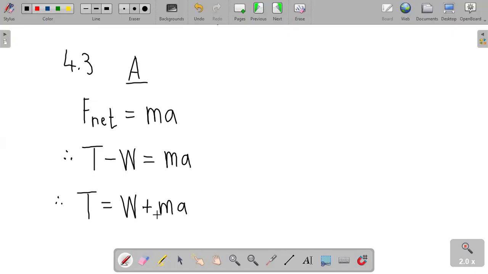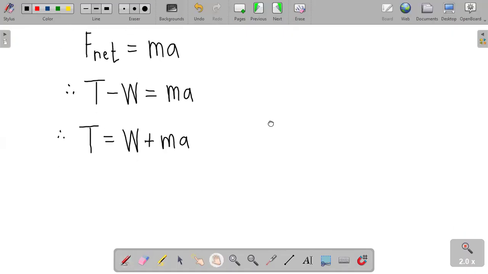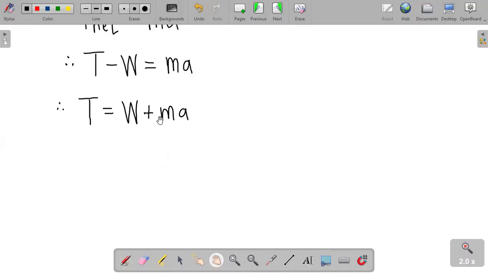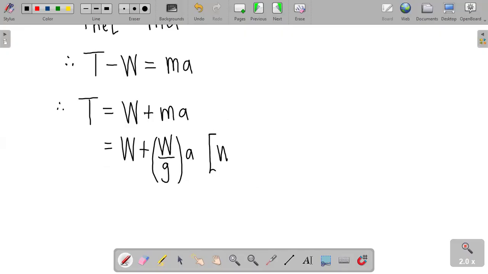Okay? And then the M here can be replaced by what? We can say W plus weight over g, and then multiply by A. Because we know that weight equals mg.